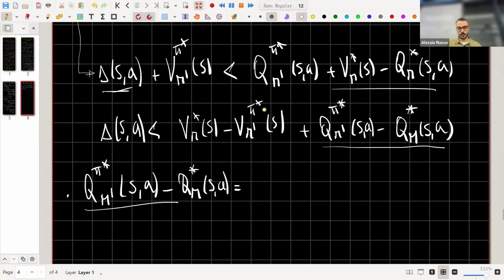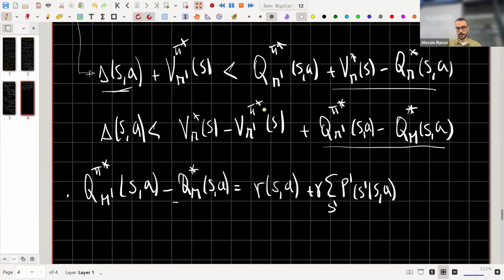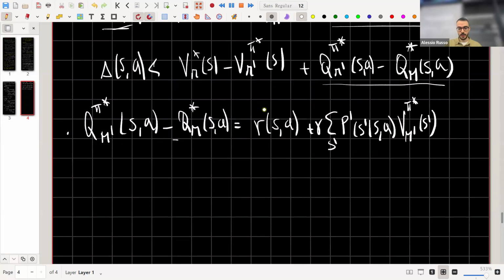So the first quantity is simply equal to reward in S, A plus gamma sum over S prime, P prime of S prime given S, A, times the value in M prime of pi star of S prime, minus the optimal Q value in M, but the optimal Q value in M is given by the policy pi star.